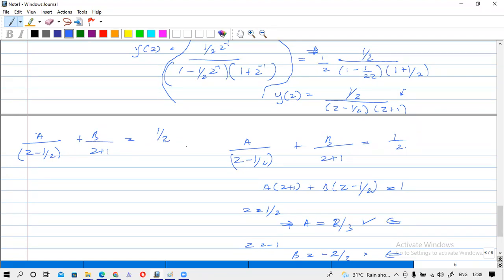Half divided by 1 minus 1 to z, 1 plus 1 z. If I get the common denominator, the denominators will cancel out and we will have the numerator: A(z+1) plus B(z minus half). So this will be half. Sorry, yes, you're correct. This will be half.